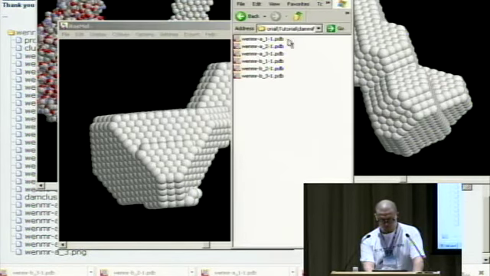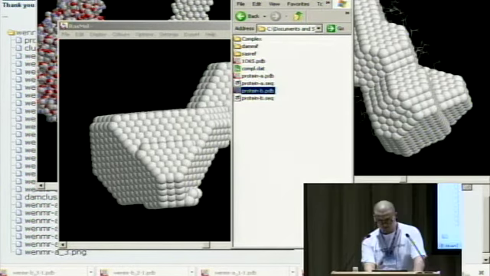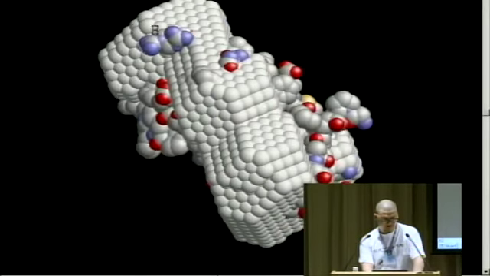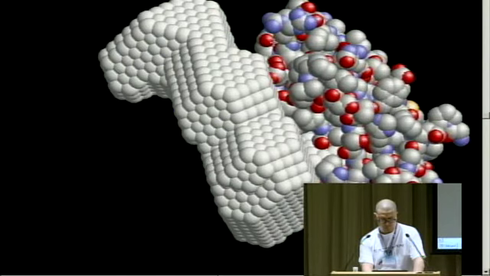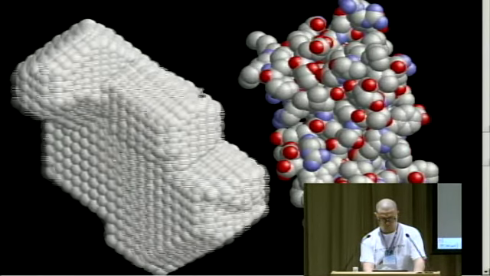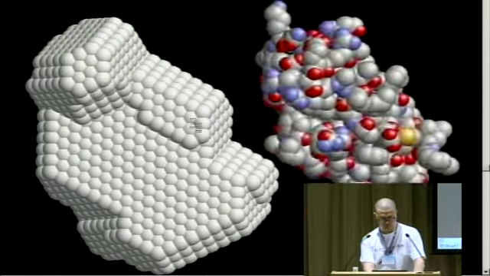However, if we compare it with a high resolution structure of protein B that I also happen to have, we can see that again it resembles the protein pretty well.